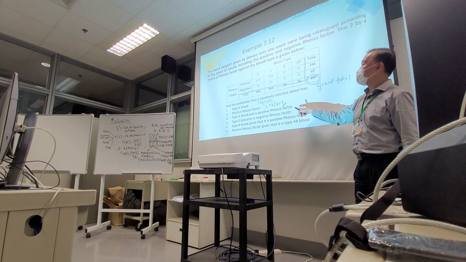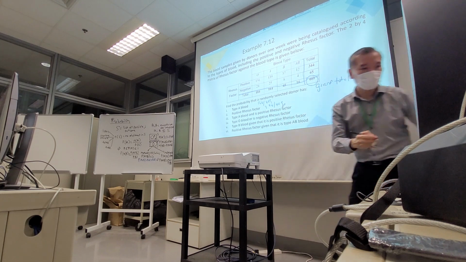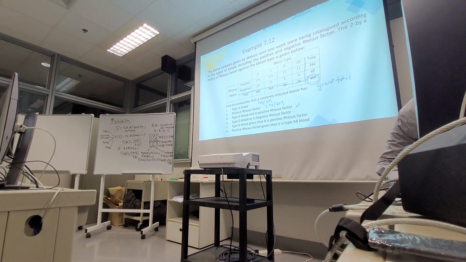Okay, next, what is the probability of A and Rh positive? Let me call this whole thing an event. Let me call it RP and RN here. So I want the probability of A and RP.